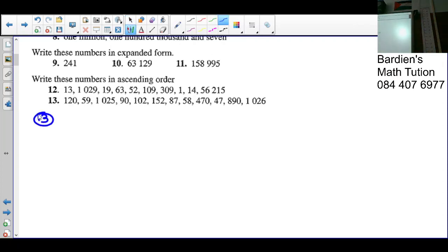Okay, for number 13. Ascending order, smallest number here? 47. Then? 58. Then? 59. 87. 90. 102. 102, 120.